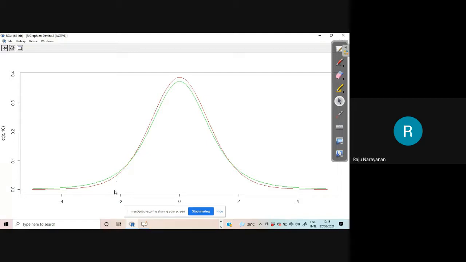Therefore, if you take this portion, the area under the red curve and the area under the green curve are different. Probability is the area.